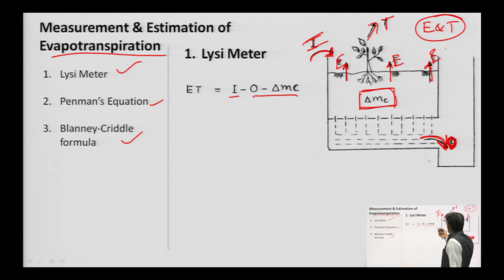Input is only one, I, water being added, and the outputs are these. So, this is the concept behind the lysimeter to calculate the evapotranspiration.